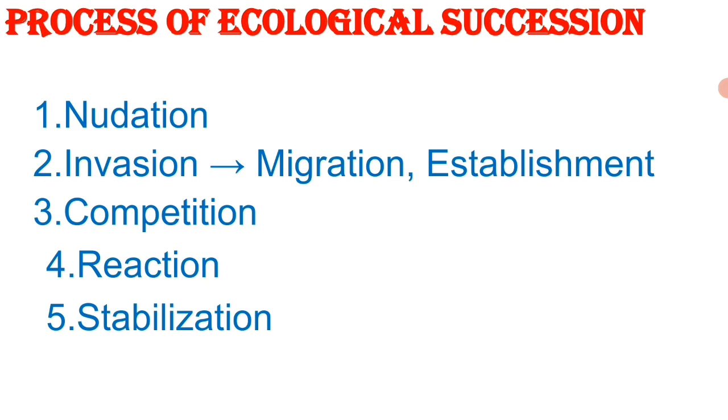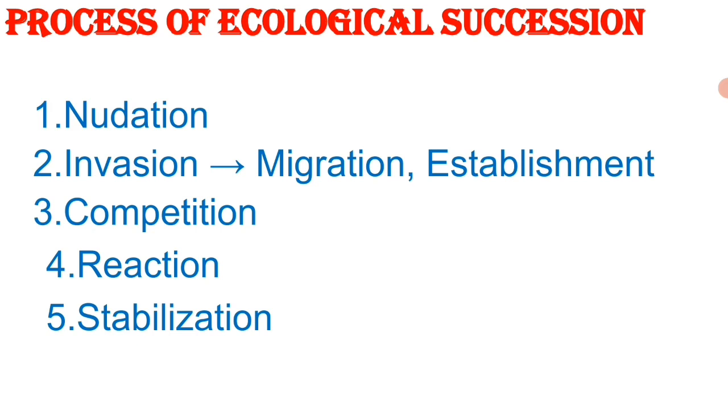The birds utilize the fruit, and the seeds can migrate through wind, water, or birds. Then the second process, after migration, is establishment. The seeds germinate and grow on the land and establish their pioneer community. That is known as invasion.